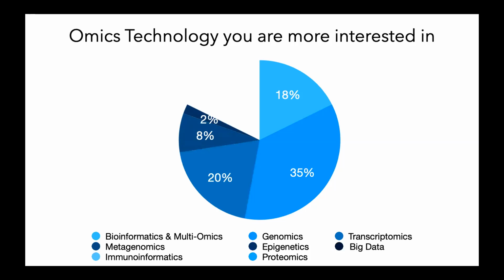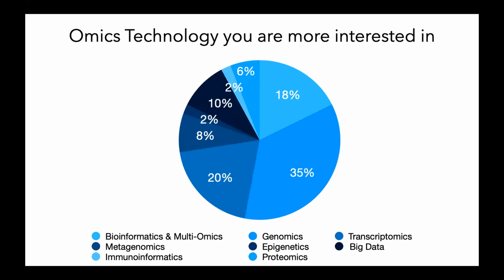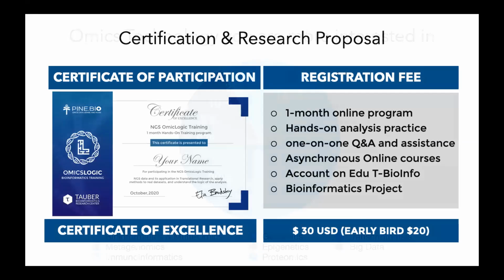Then you have epigenetics. 10% want to learn more about big data in biology. And there's 2% for immunoinformatics and proteomics. And there are others who also want to learn about different things like agrobiotechnology. So we will be also talking more about that later.